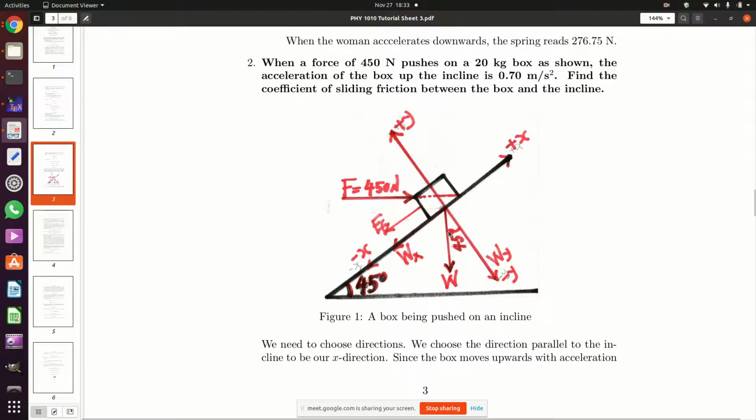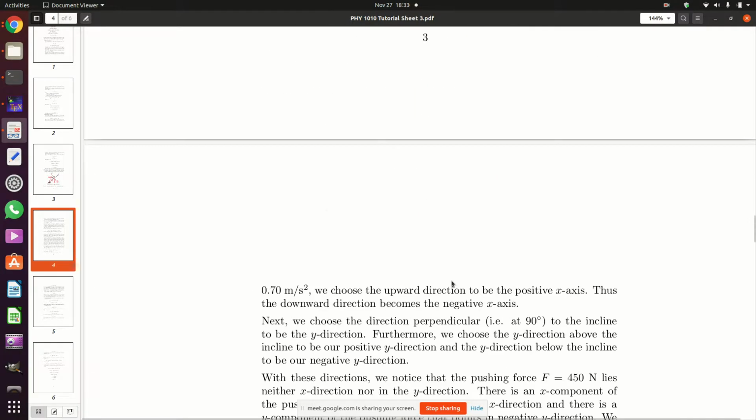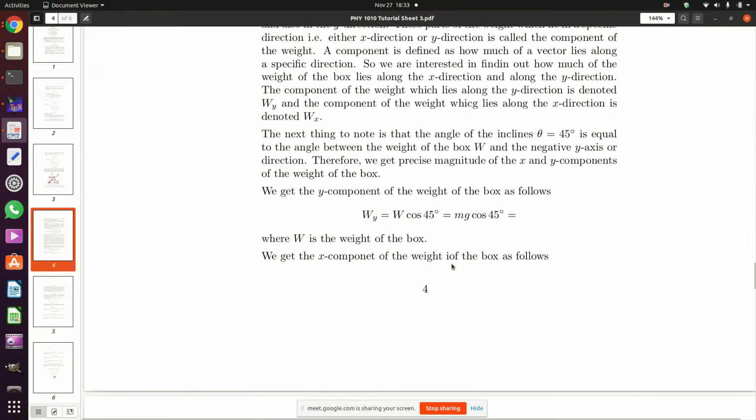This angle is the same as the angle of the incline. The angle of the incline is 45, so the angle between the weight and the y direction is also 45 degrees. So the y component is going to be W cos 45 degrees, and the x component, which is the opposite side, is going to be W sin 45 degrees. Is that clear? Yes, sir.